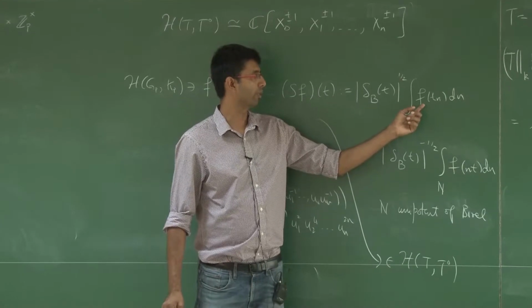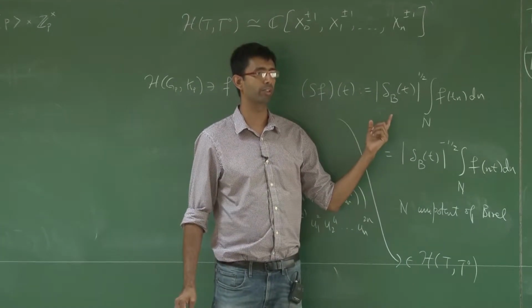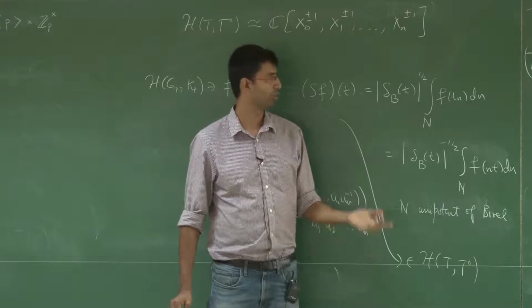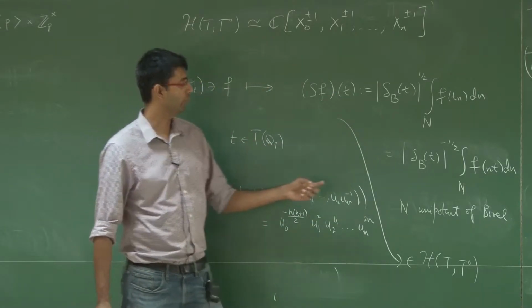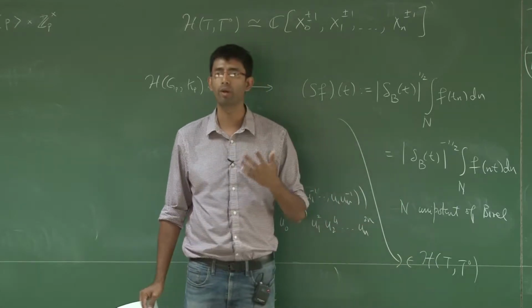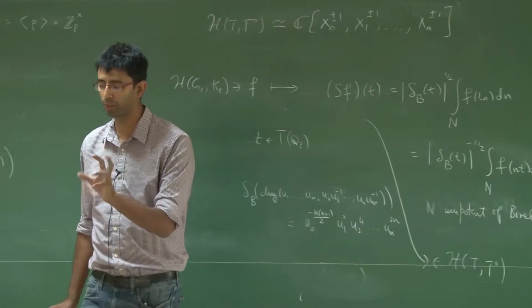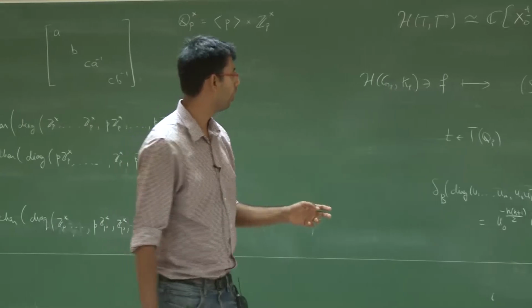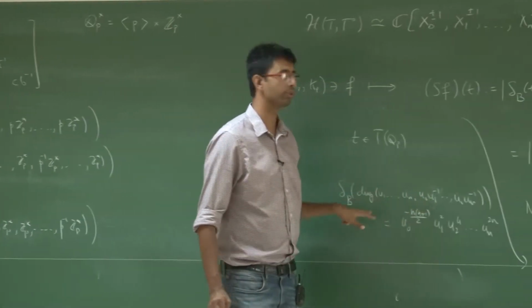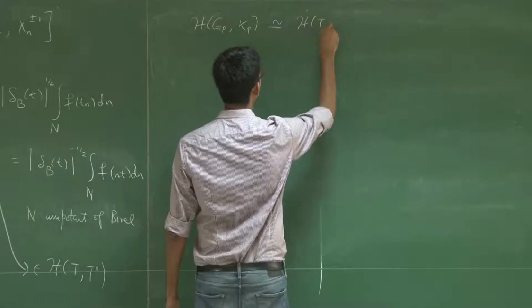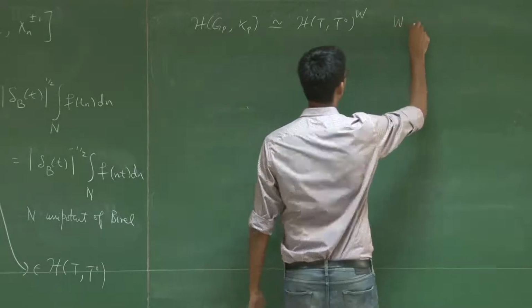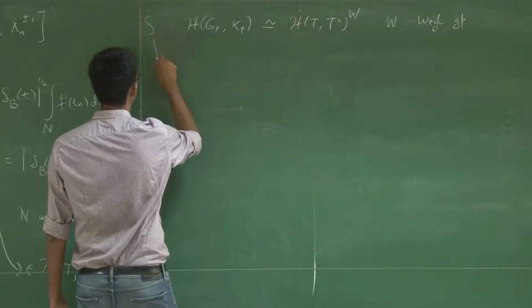That change of variable compensation is exactly going to come out of this, and it's going to be invariant. So it's not just a function on T, it's actually invariant under the action of the Weyl group. So the Weyl group is just basically permutations of the ui, or you replace a ui by u0 ui inverse. So in fact W is the Weyl group, and the map is your Satake map.